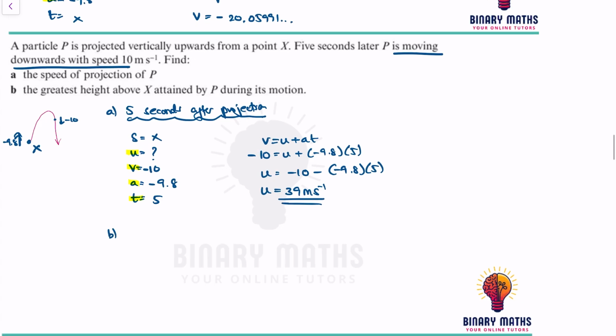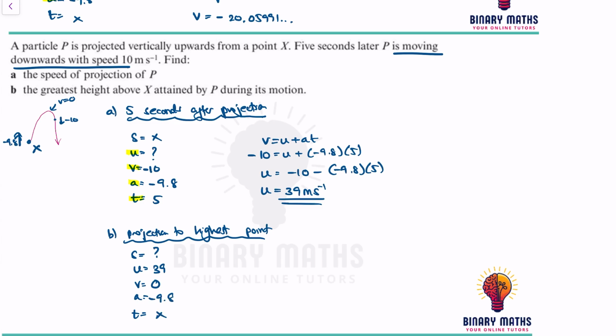V is the greatest height above X attained by P during its motion. So it's going to be from projection to highest point. So at the highest point, we know velocity is equal to 0. We're trying to find the highest point, so it's displacement. Initial speed is 39. Final speed is 0. Acceleration is minus 9.8. T, we don't know.